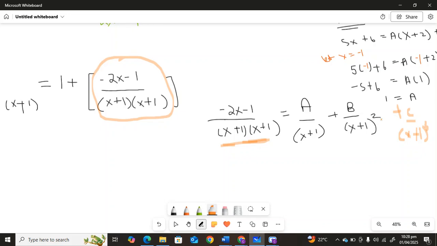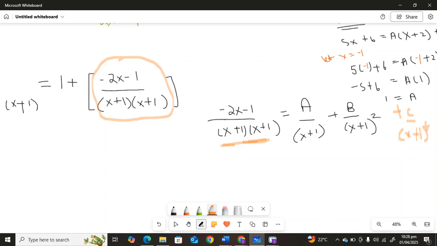So please remember that. If you have repeated linear factors, such as x plus 1, x minus 3, x plus 2, x plus whatever, if you've got two of them the same, as you have seen here, we put B over x plus 1 squared. If there were three of them, you'd add C over x plus 1 cubed.